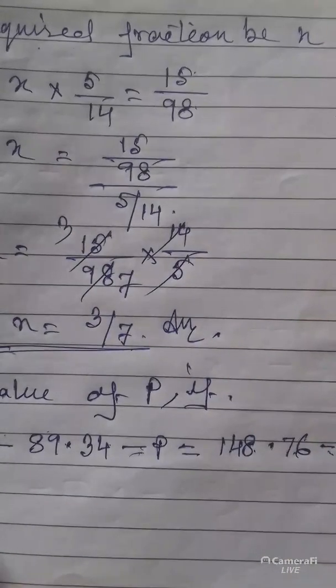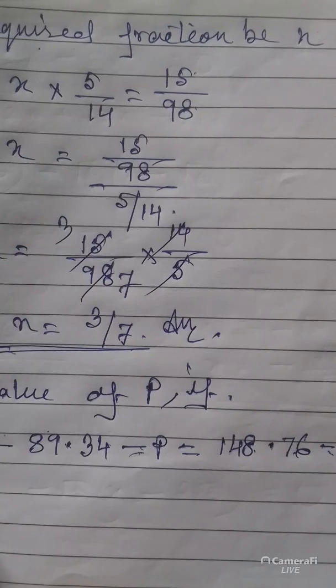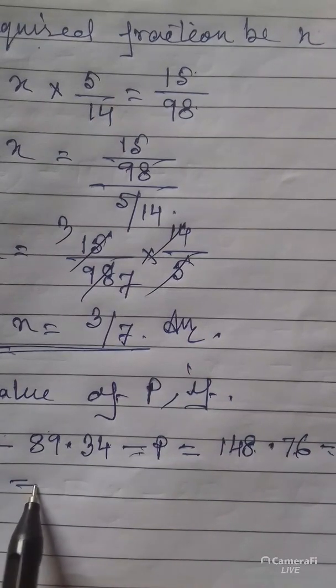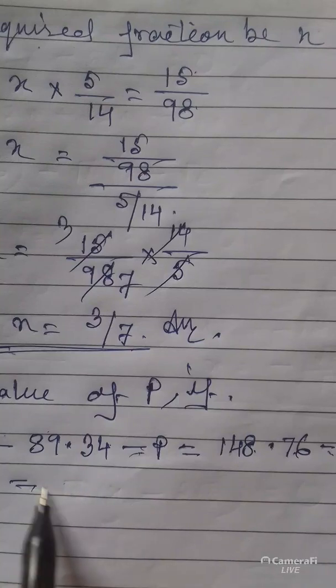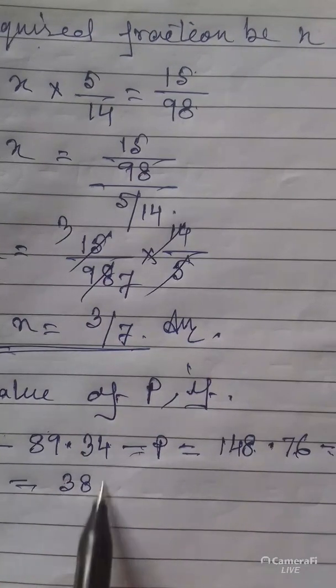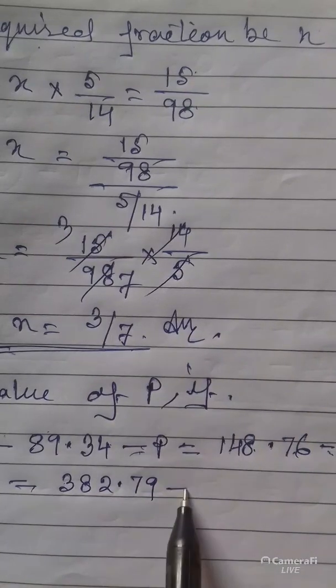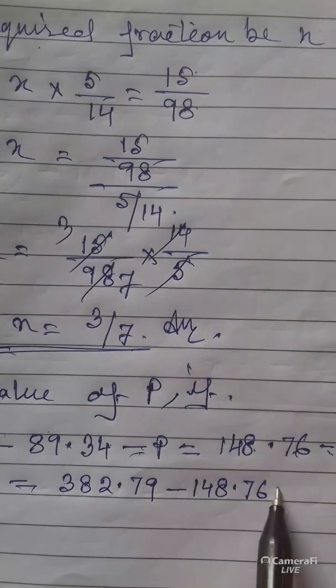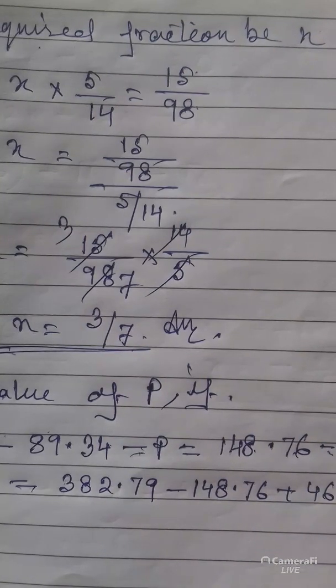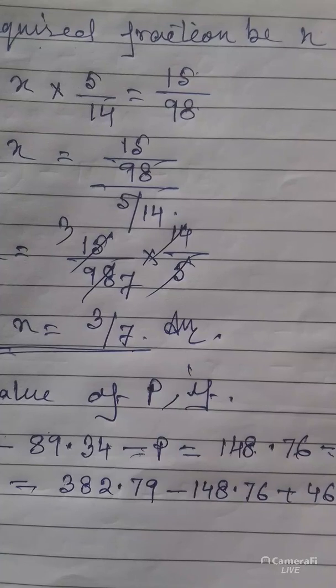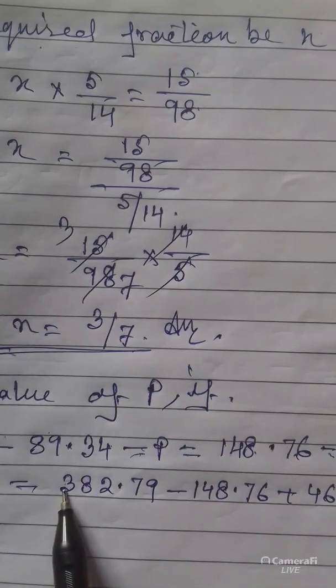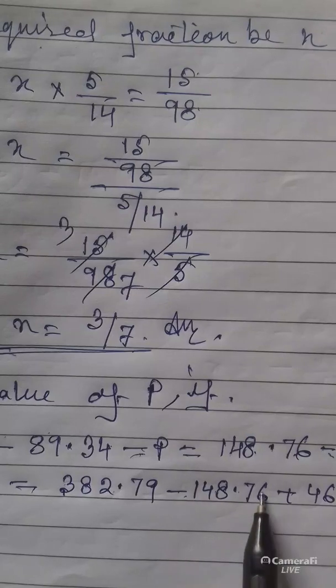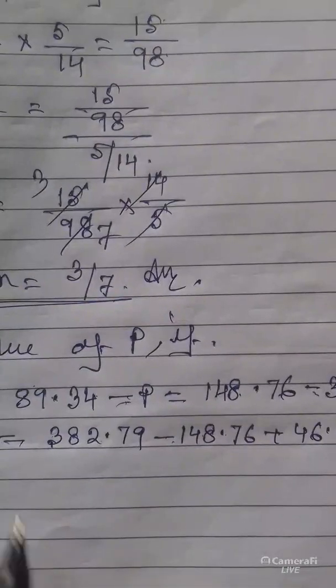First of all, P equal to 382.79 minus 148.76 plus 46.92 minus 89.34.